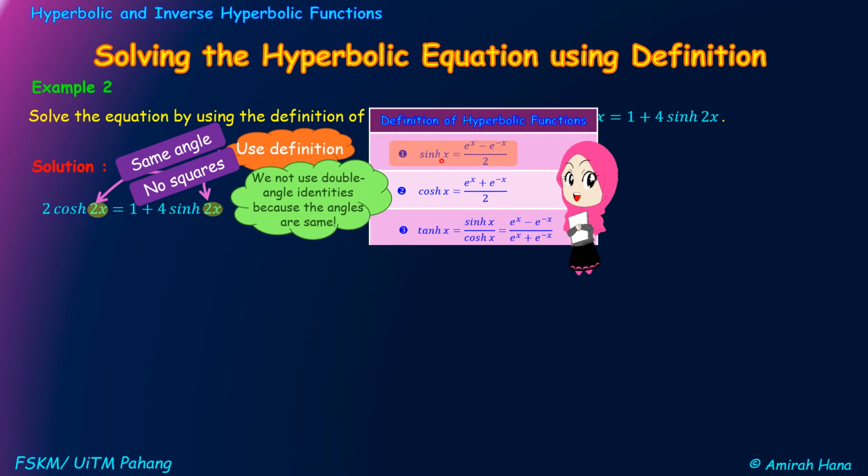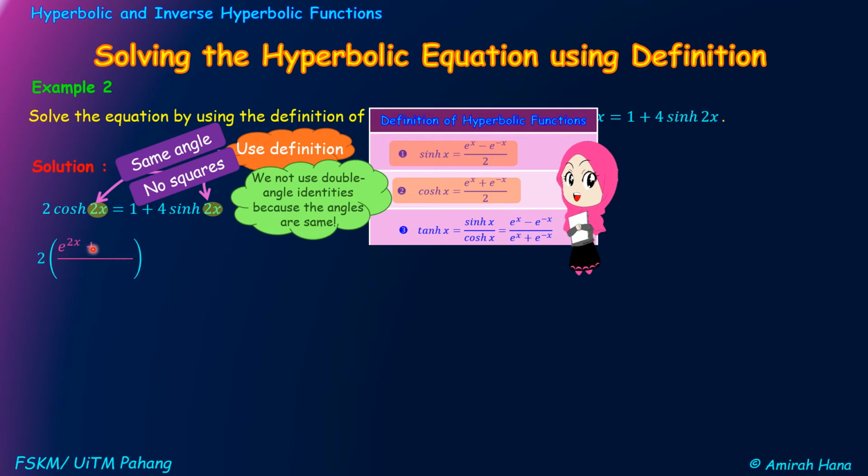So from here, we have sinh 2x and cosh 2x. We can refer to this basic formula, which has single x here. If we have sinh of single x, the exponent is also single x, and if we have cosh of single x, the exponent is also single x.